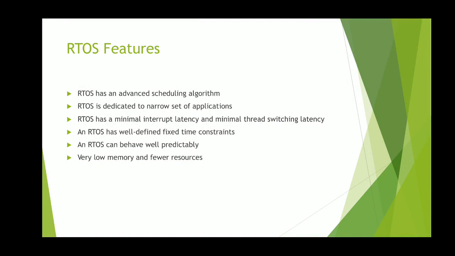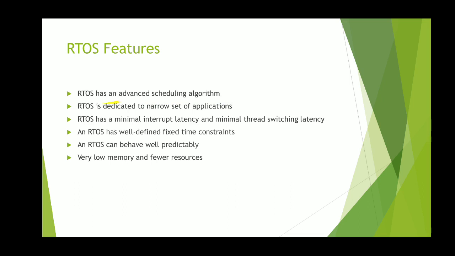We have studied that a real-time operating system is an operating system which is used for real-time applications or real-time needs. For handling these real-time applications, the real-time operating system should have an advanced scheduling algorithm, and this advanced scheduling algorithm gives the real-time operating system all its characteristics.